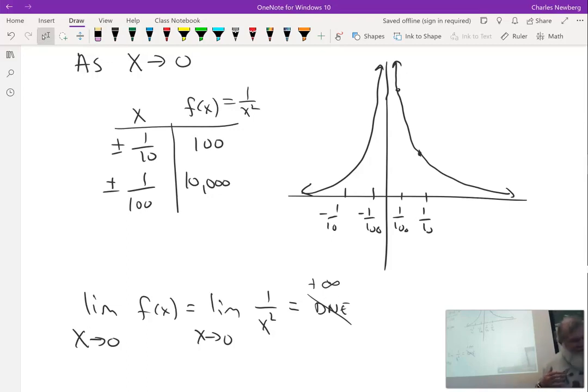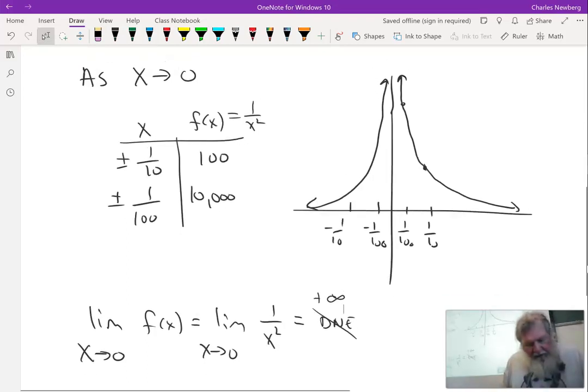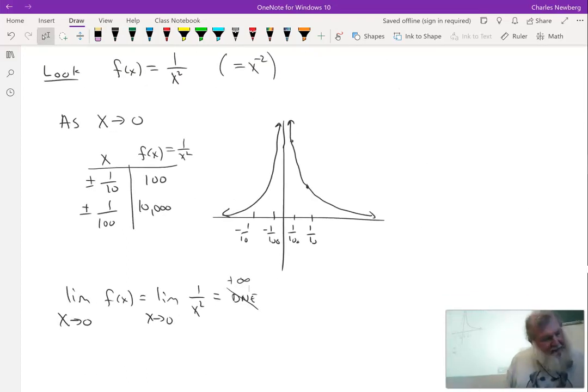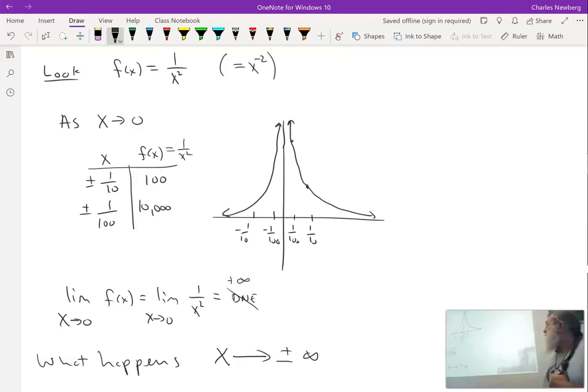All right. So now let's look at the same graph again, but now let's look at what happens when x goes to positive infinity or when x goes to minus infinity. So now we're not going into a specific value, but we're going out to the far left or out to what? The far right.